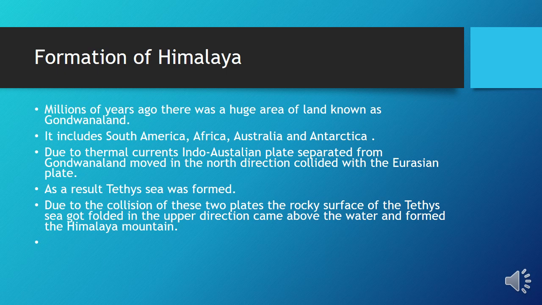So the Himalaya mountains were formed from Gondwana land because of the collision between the Indo-Australian plate and Eurasian plate. The rocky surface of the Tethys Sea got folded upward and came above the water, thus forming the Himalaya mountains.